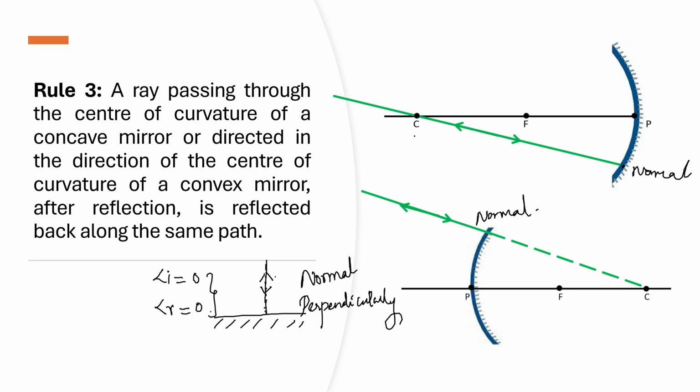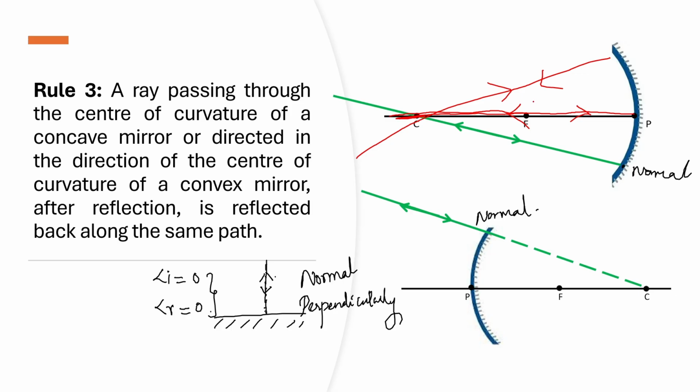Let me change the color. If the light ray is passing through like this, what happens? Yes, it will reflect back. Why? Because that is also passing through C. So any ray which is passing through C will reflect back along the same path because it hits the mirror perpendicularly. That is rule 3.